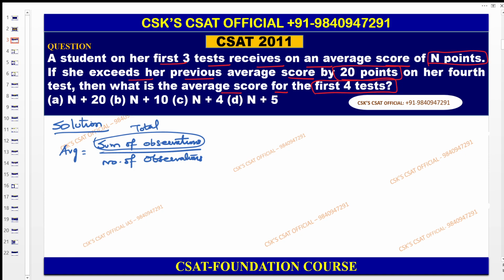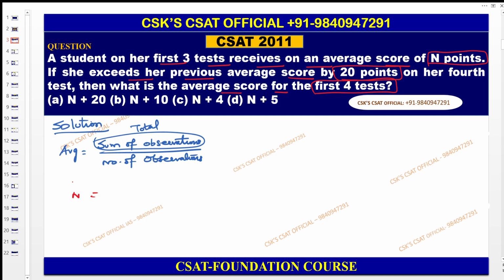Now here, suppose you can take the first test as n, or else you can directly substitute here, since you know n is equal to 3. Instead of the first test as n, directly you can substitute if you know this formula.